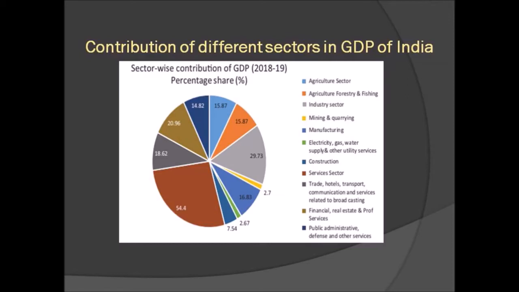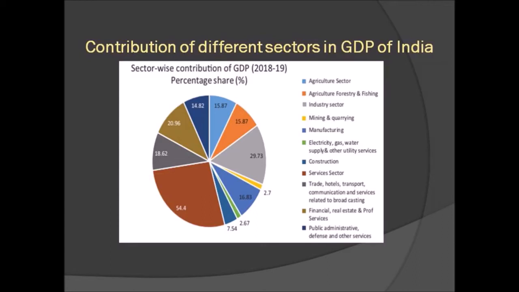In the industrial sector, India's world rank is 6, and in the service sector, India's world rank is 8. That is, India stands 6th in the industrial sector and 8th in the world's service sector. The contribution of industry and service sectors is lower than the world's average, which is 30% for the industry sector and 63% for the service sector.